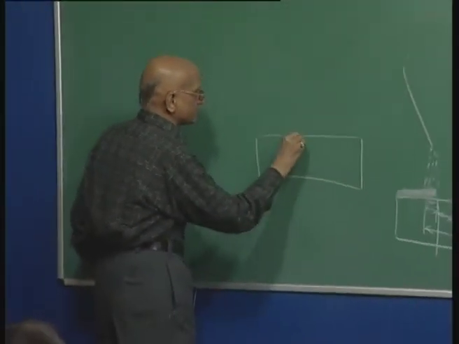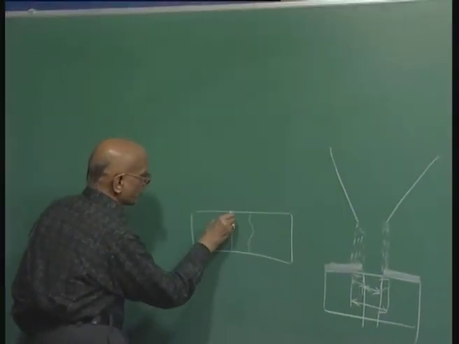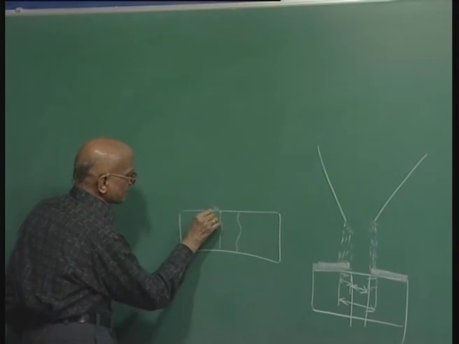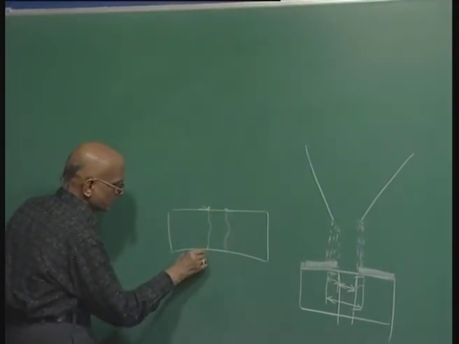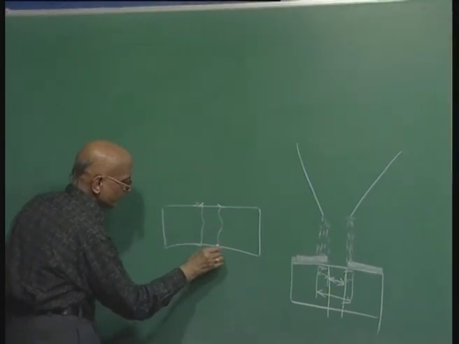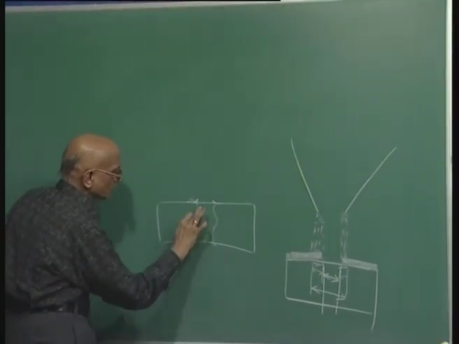Now, I have just told you about deburring. What is deburring? I hope you know it: when you are drilling a hole inside a component, you find that some of the material is left over at the top as well as at the bottom when you drill the hole.